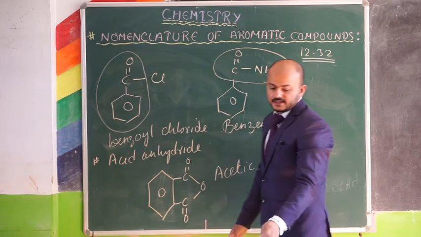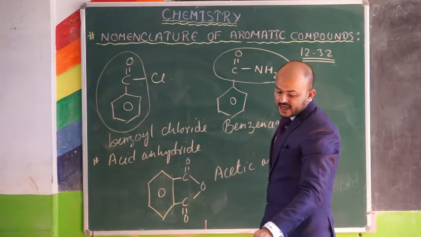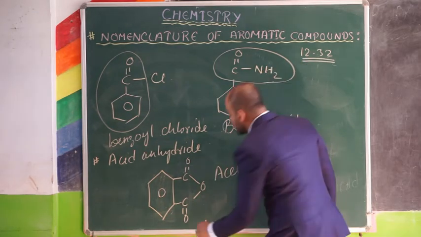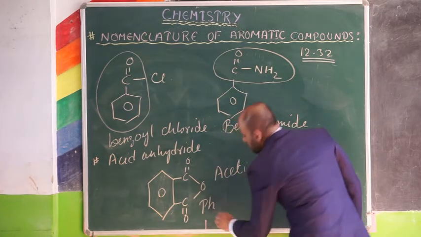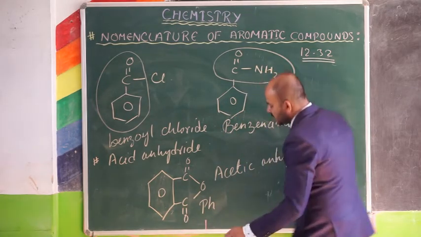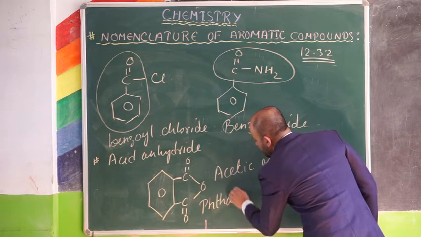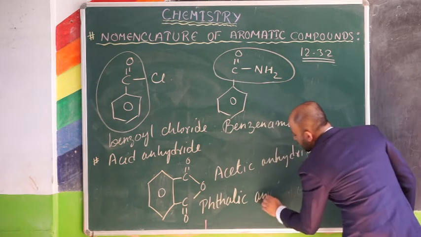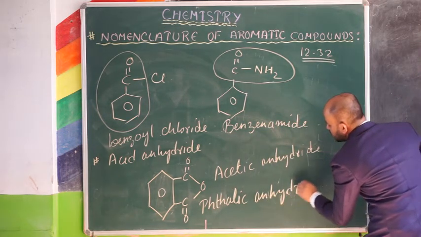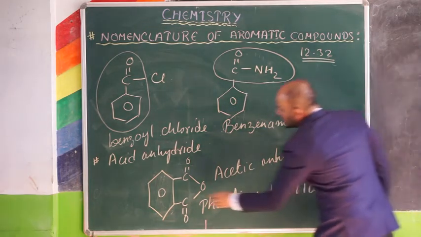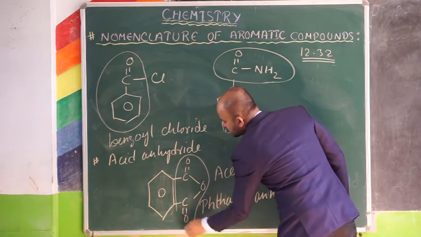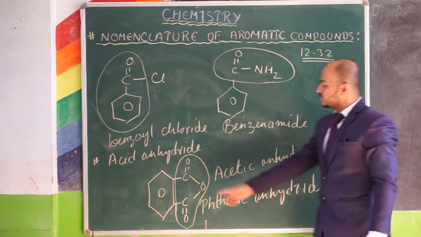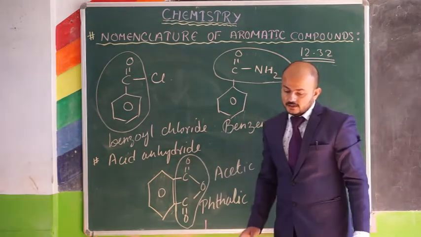Then the name of this compound is phthalic anhydride. We have to remember that this portion is the anhydride part.